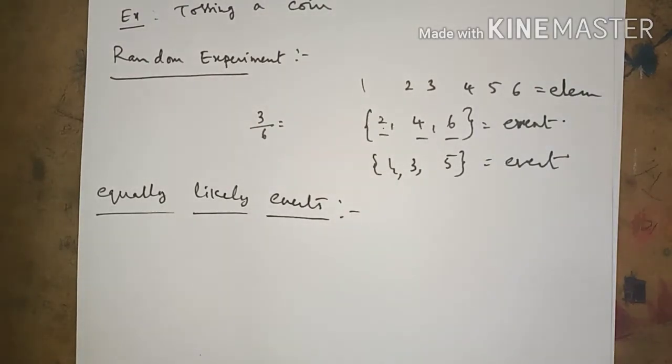What is the meaning of this? For example, if you toss a coin, there is no reason to expect that we will get a head only, or a tail only.